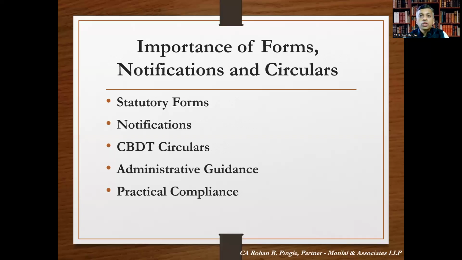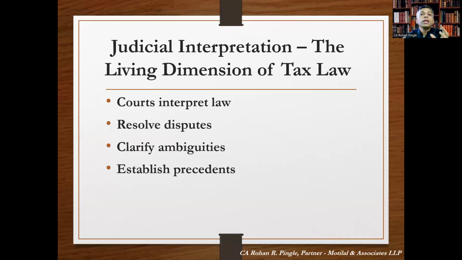Then let's understand the living dimension of the tax law. No legislation can anticipate every possible business transaction, not at all. As new issues arise, courts interpret the law, and judicial decisions explain the legislative intent, scope of provisions, constitutional validity, interpretation of undefined expressions, and resolution of conflicting views.